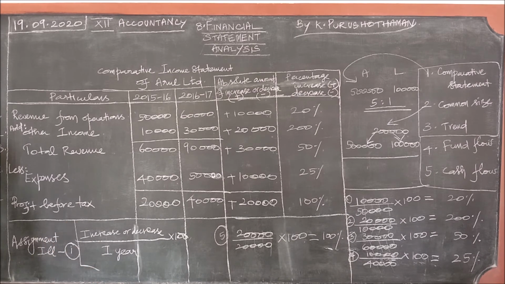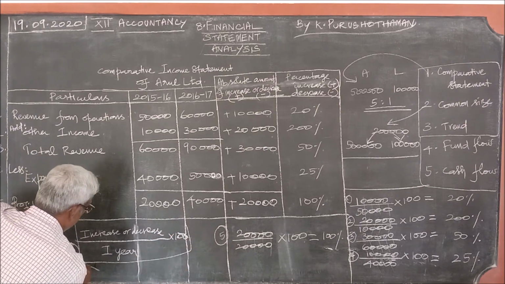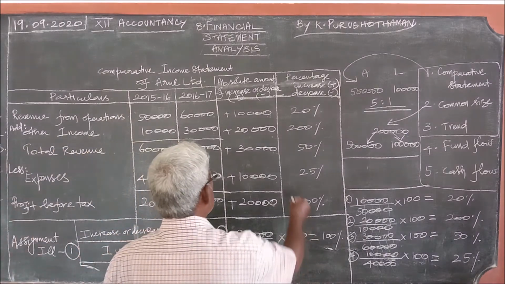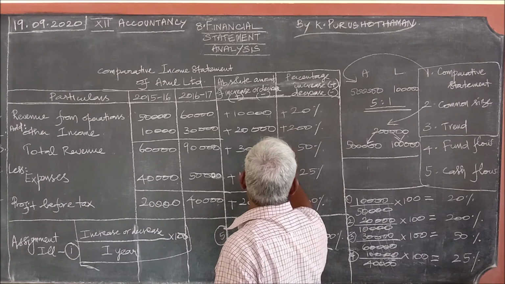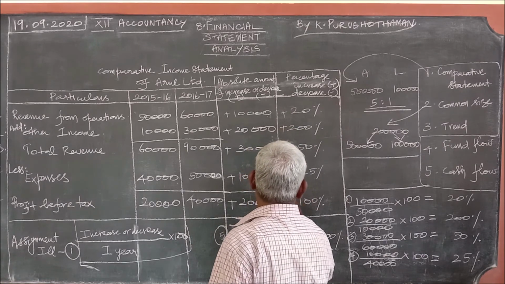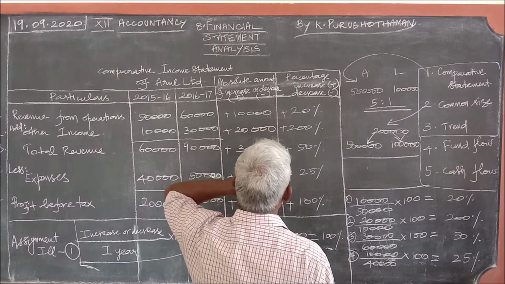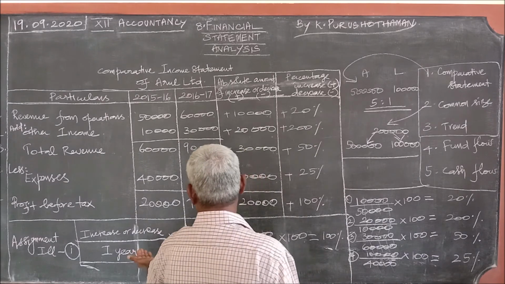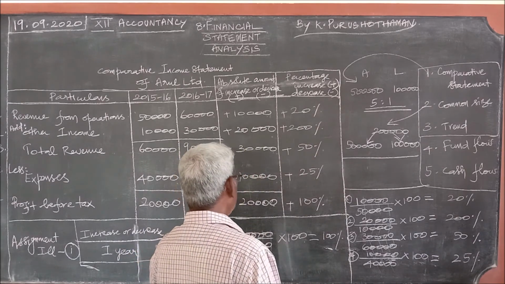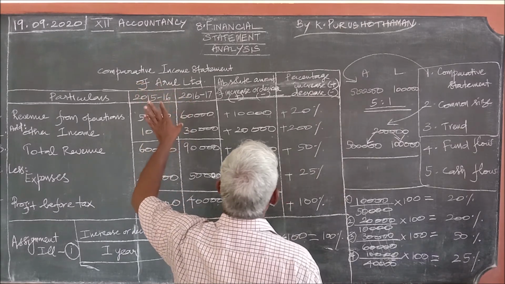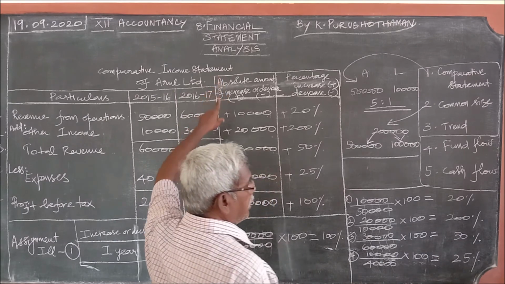And don't forget to bear in mind this formula: increase or decrease divided by the first year into 100. If it is an increase, you can show it as a plus. If it is a decrease, you can put the minus. Only the plus and minus will show you the decrease or increase. The denominator is the first year, into 100. This is the method of finding a comparative income statement for analyzing the financial statement.